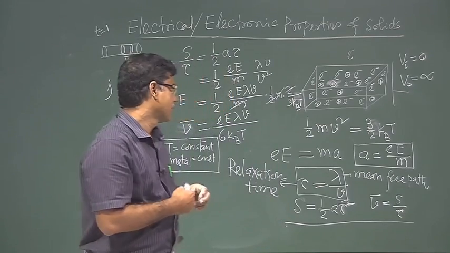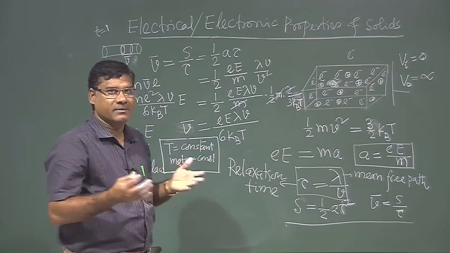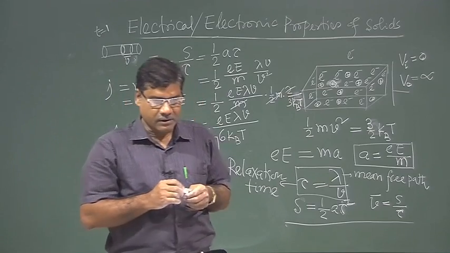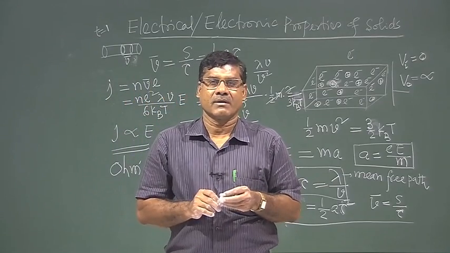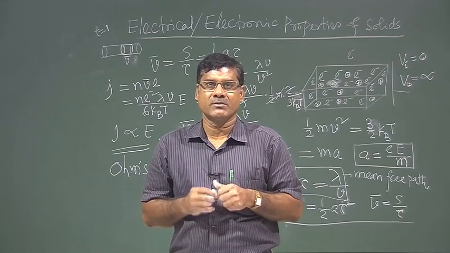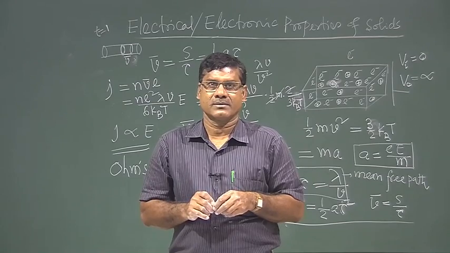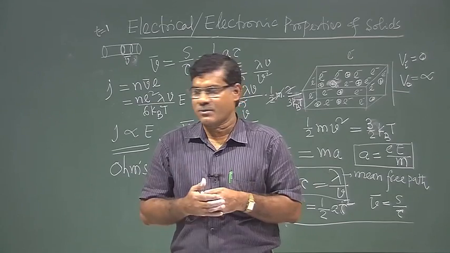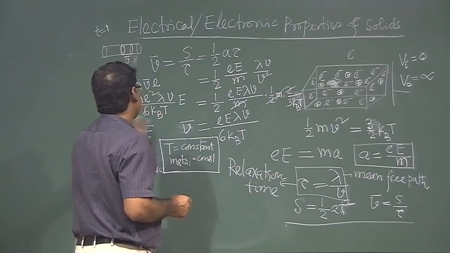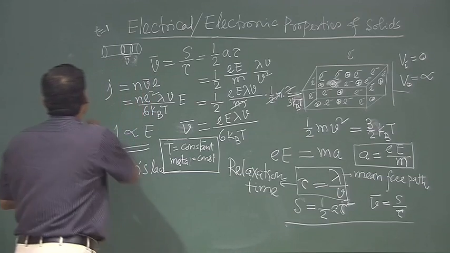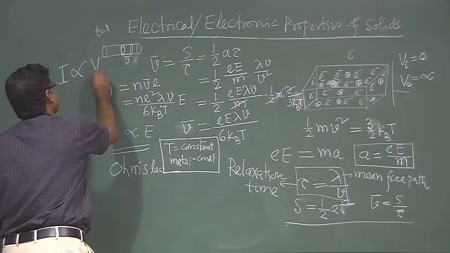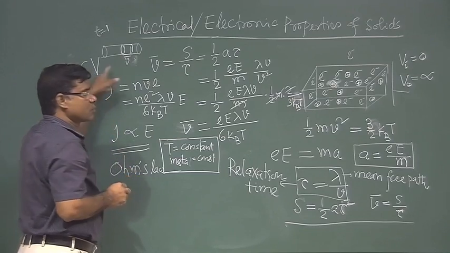and generally, without knowing the details, we use it in our electrical circuits to study the electrical properties. But why does it behave like this, why is current density proportional to electric field, or current proportional to V, this potential?